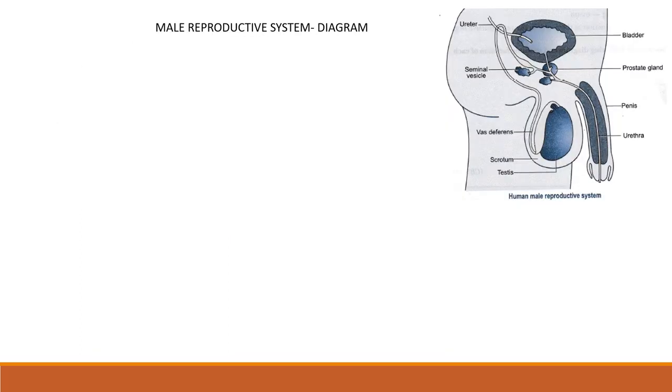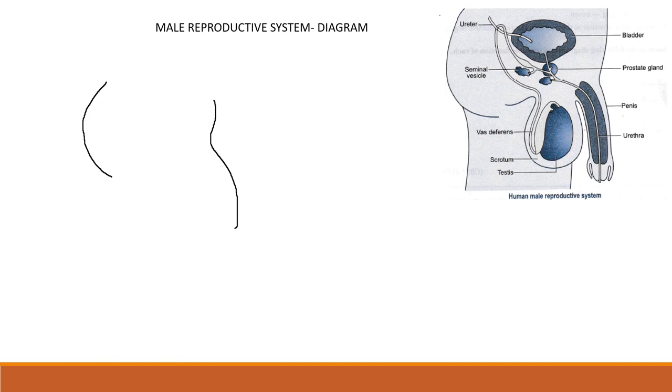Now children, let's draw the male reproductive system diagram. So I'll take a black pen here. What you have to draw first, take a curve like this, right? And then you have to take this part, draw the penis down, clear, right?